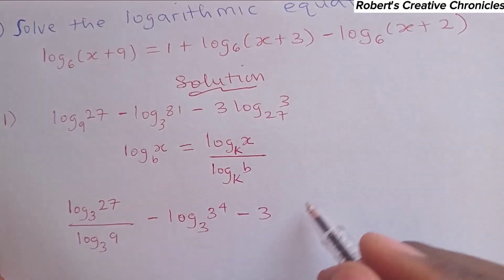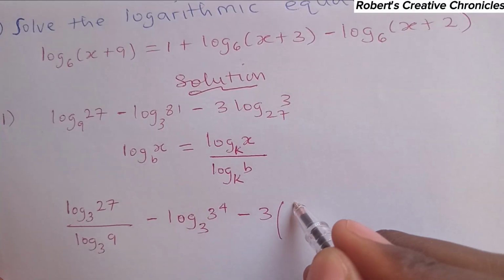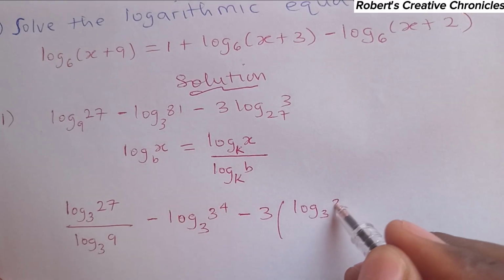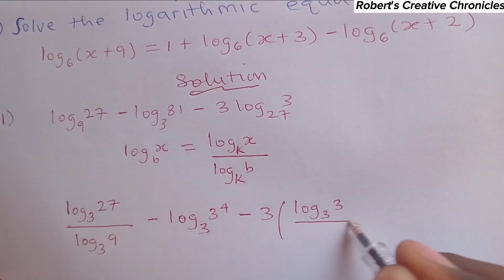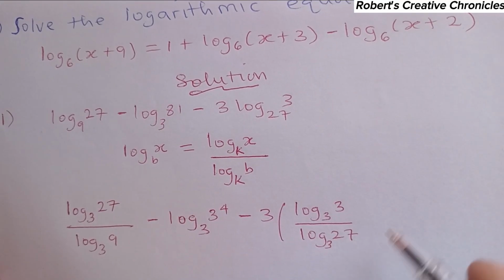For this one, we also change the base, so it becomes log 3 base 3 over log 27 base 3.